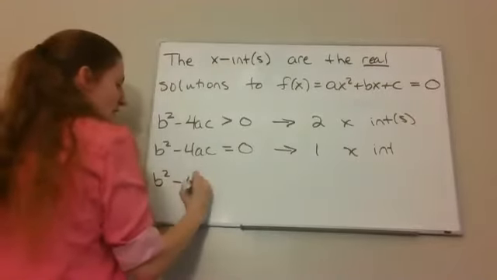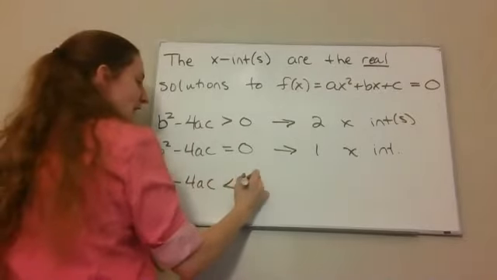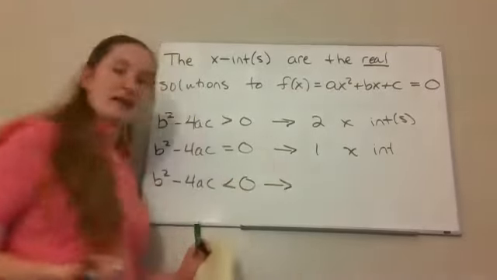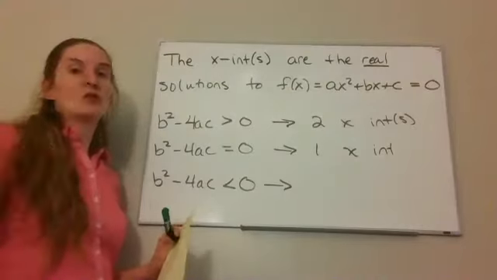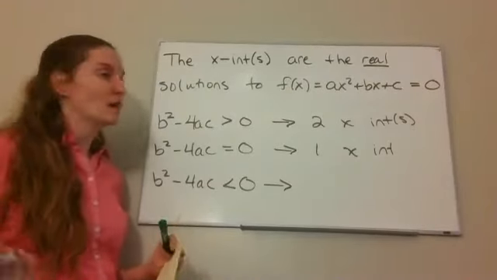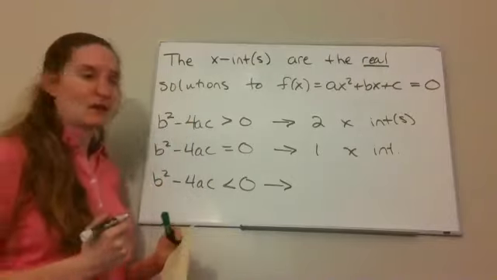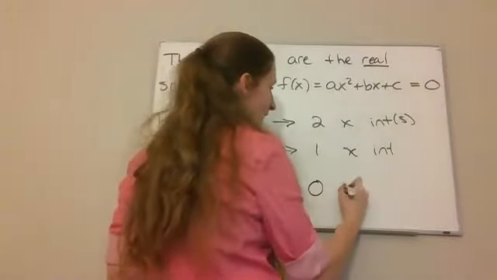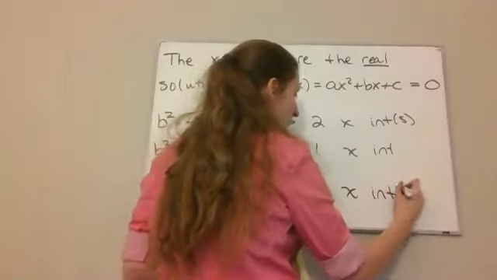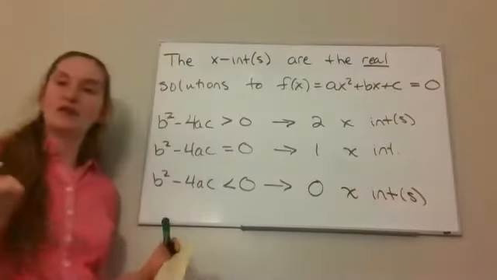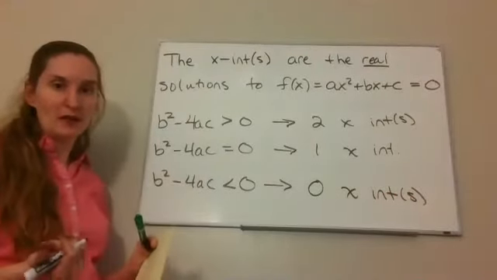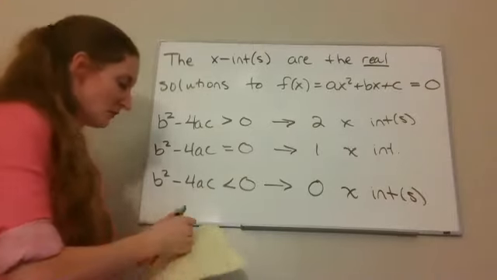And if b squared minus 4ac is negative, from our last video, that meant that we had two non-real solutions. But since we only have real solutions as x-intercepts, this means we have 0 x-intercepts because all of my solutions were non-real in this case.